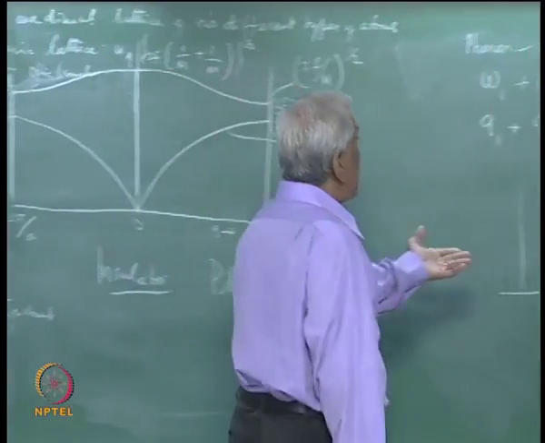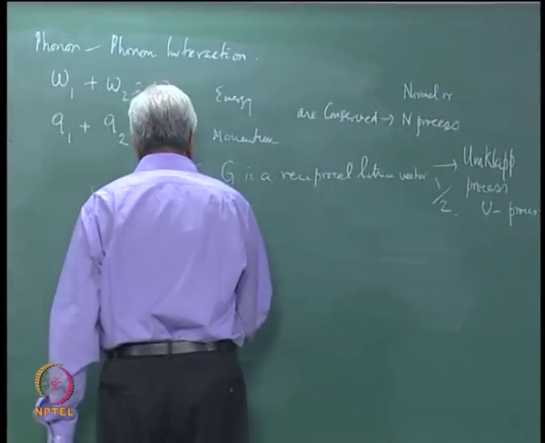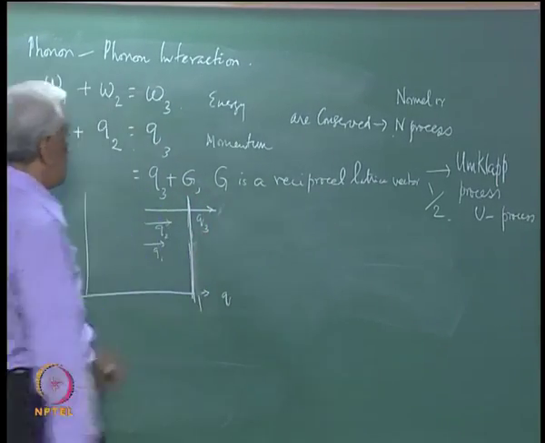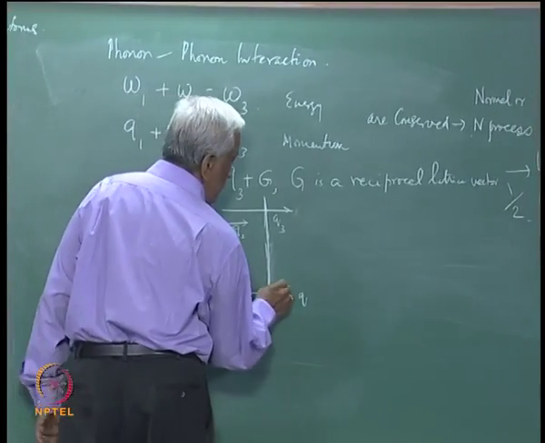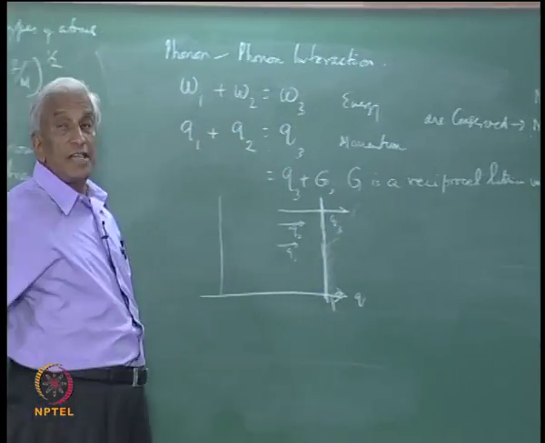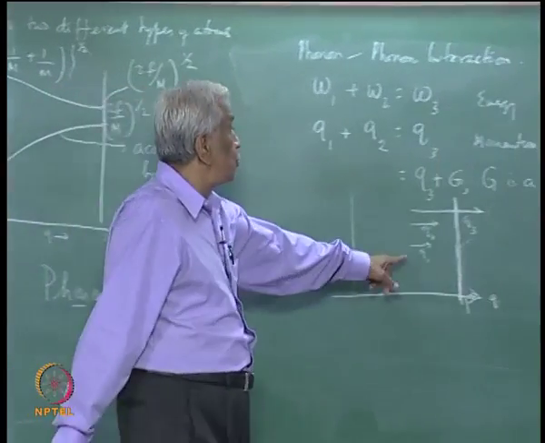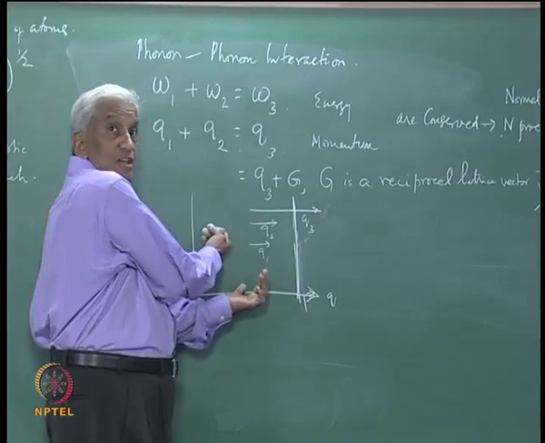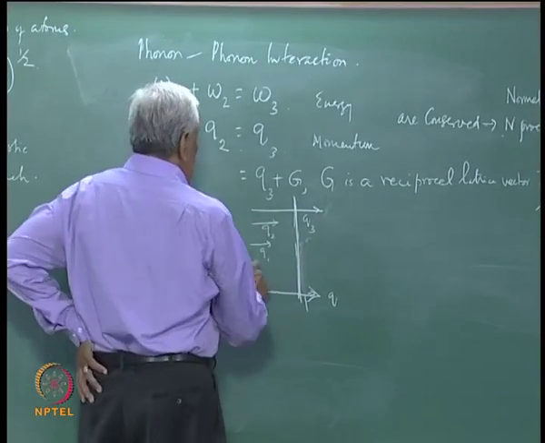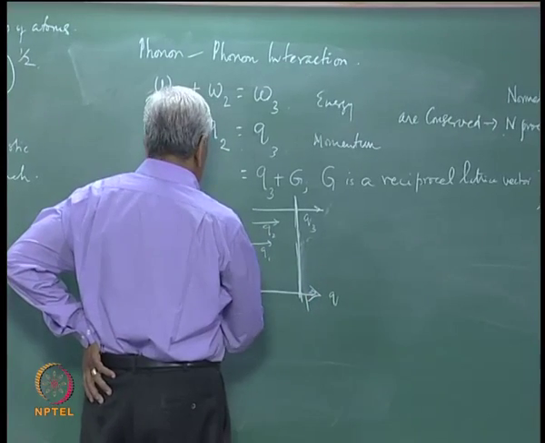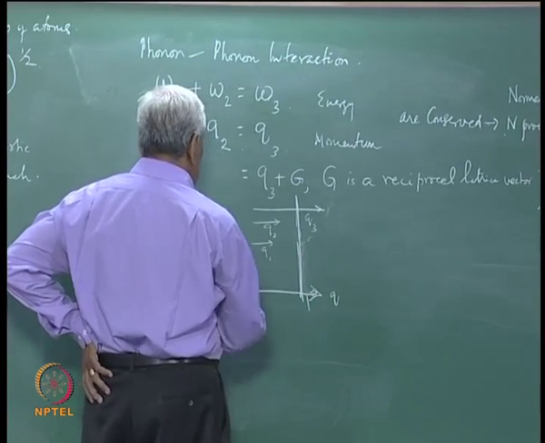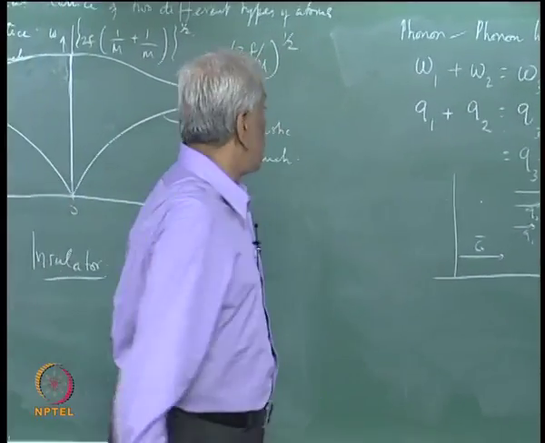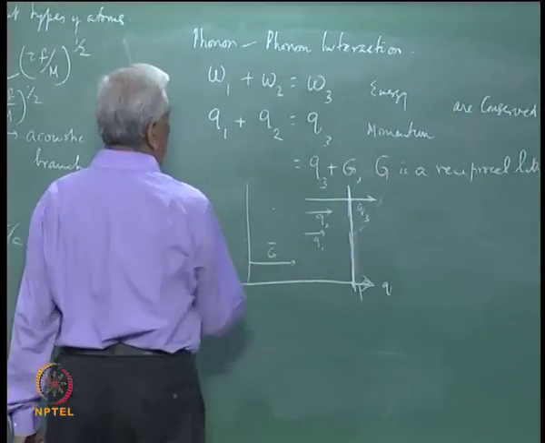Now, this takes it outside the zone boundary, and we have already talked about how we consider states within the zone boundary for all our discussions because of the periodicity. But the combination of q1 and q2 takes it outside this. So, what do we do? We bring it back by adding a G, a reciprocal lattice vector. So, this comes back into the first zone. In this case, of course, G will be in the opposite direction.